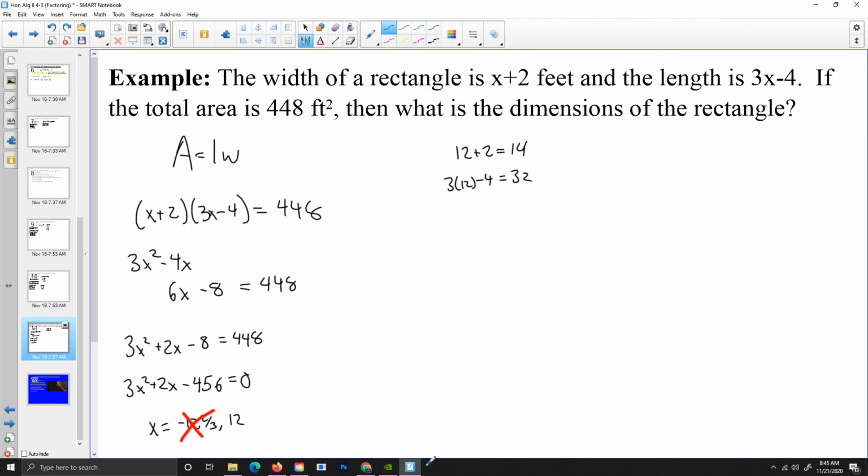So we know that that's correct. So the dimensions are going to be 14 feet by 32 feet.